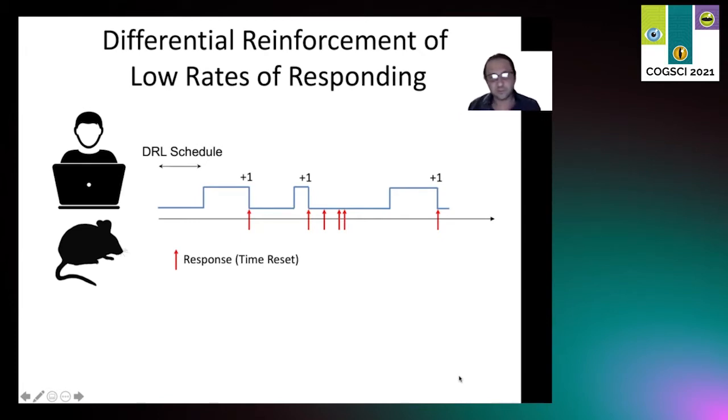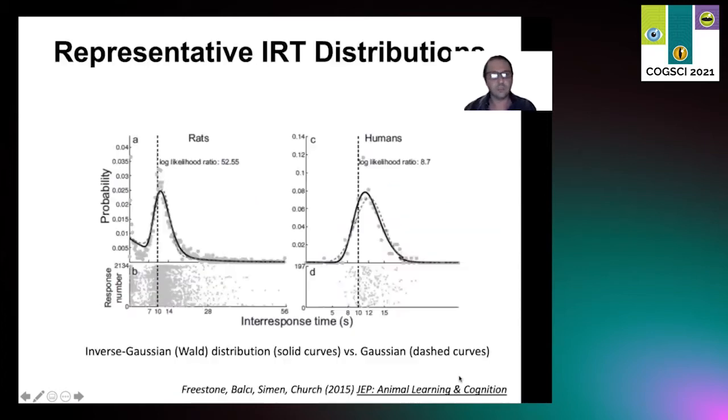Again, this is a very simple task that you can use in humans and rats and mice. If you look at the inter-response times, and here I am exemplifying them from a representative rat and from a representative human, on the left and on the right, respectively.